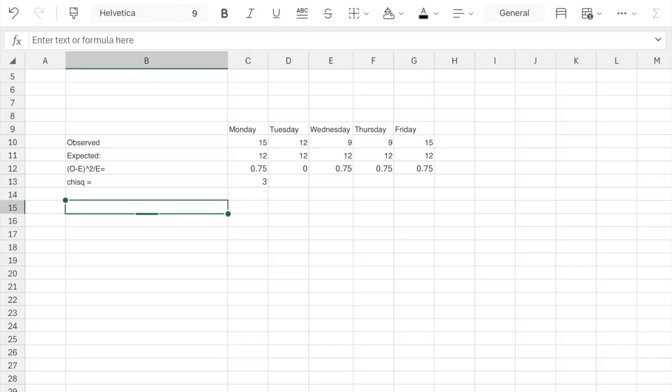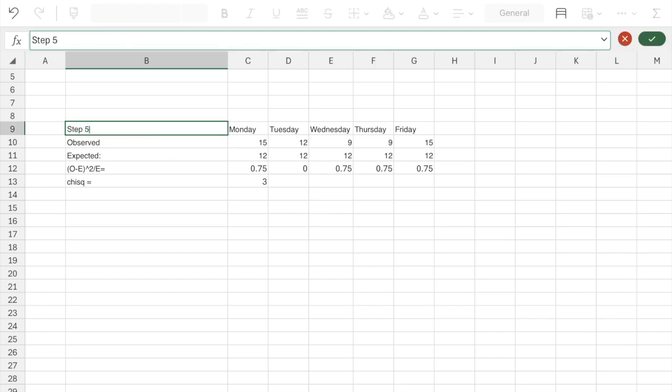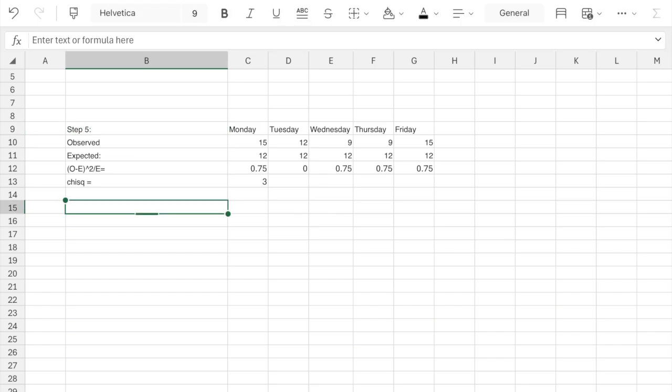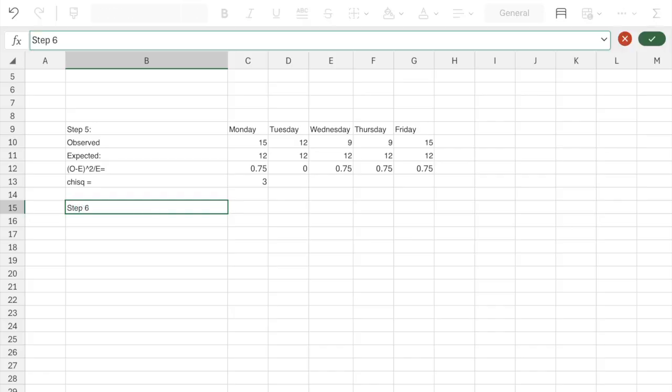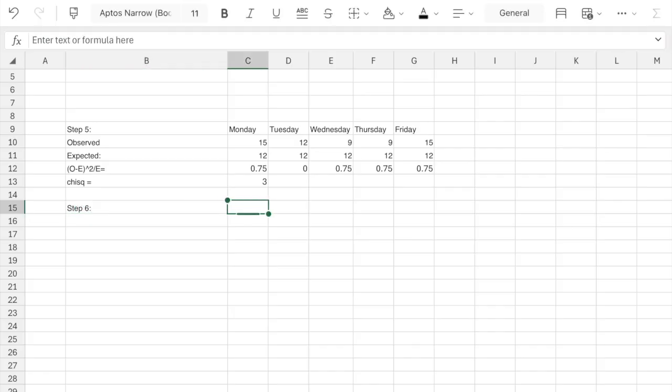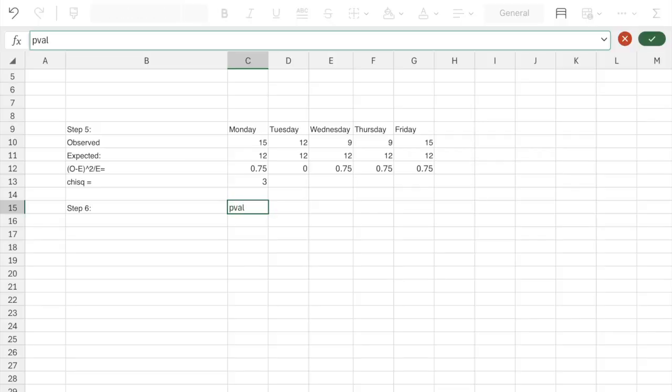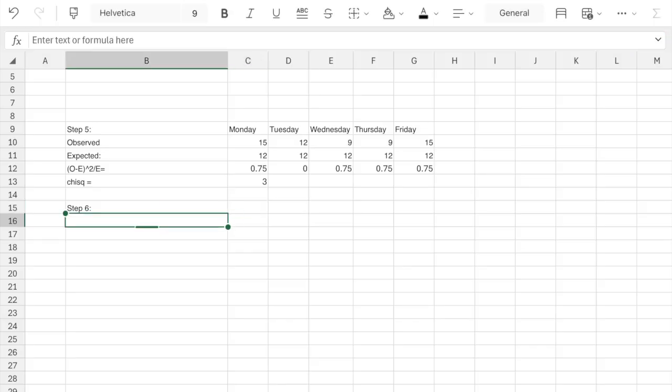Let's just go ahead and find the p-value while we're at it. Let's say I'll write step 5. There's my test statistic. Step 6 now. My p-value is going to be, actually, let me just put it down here.